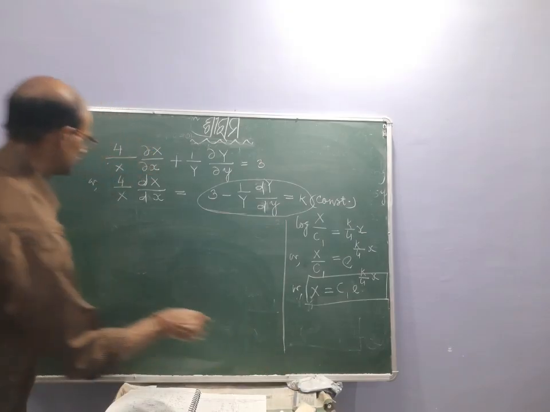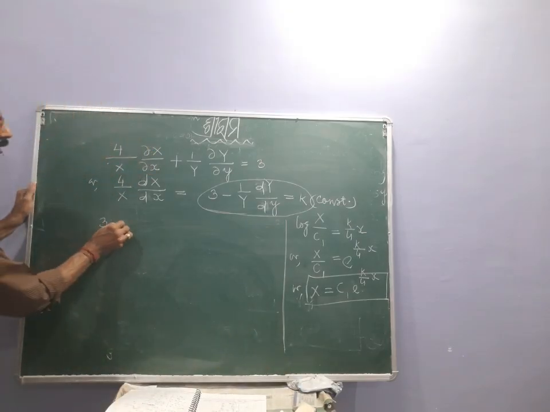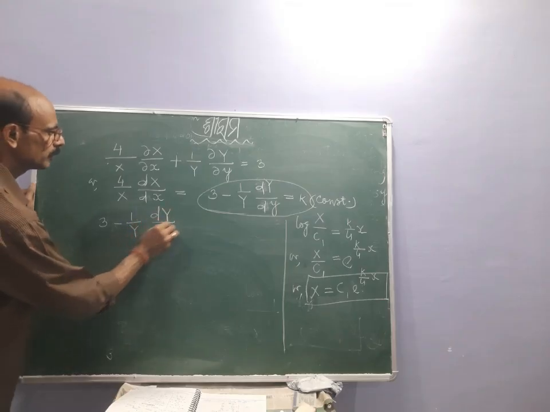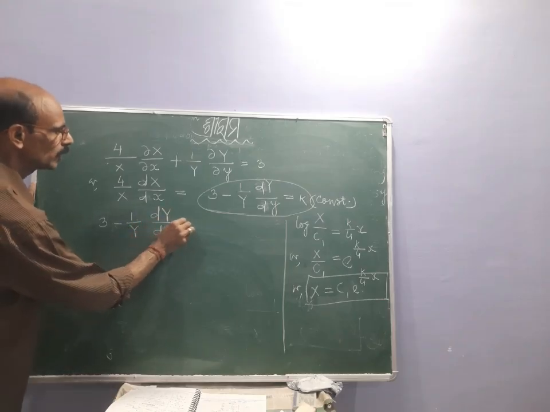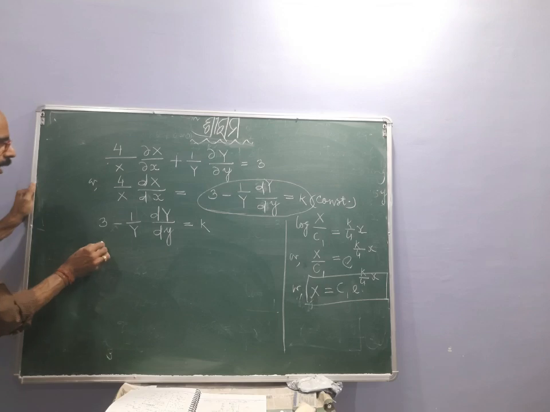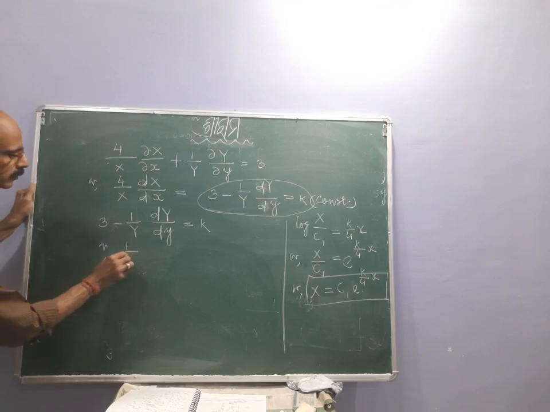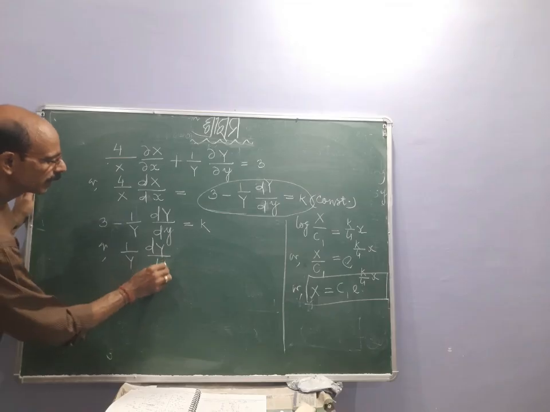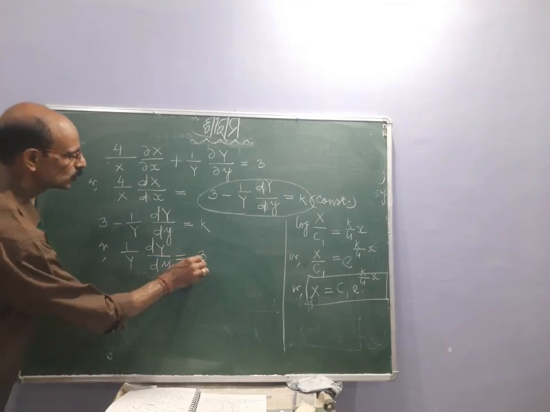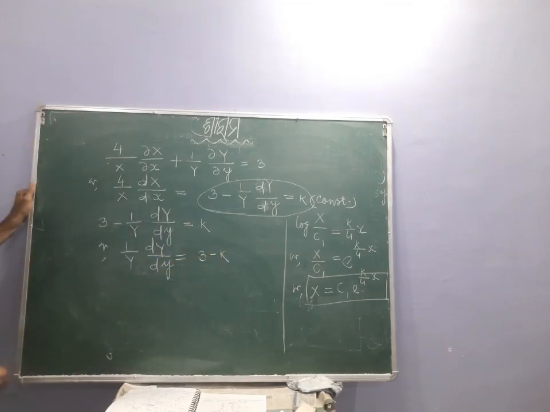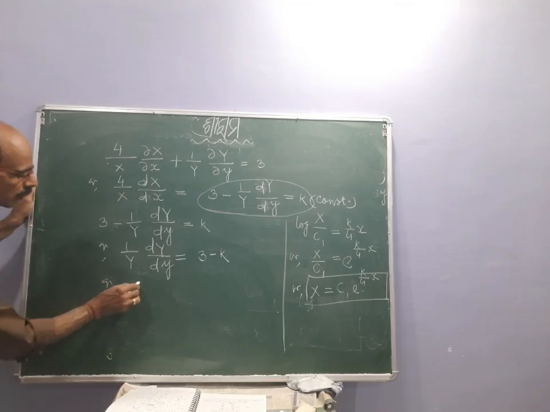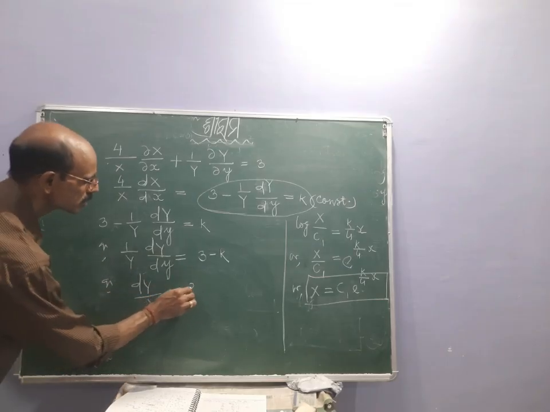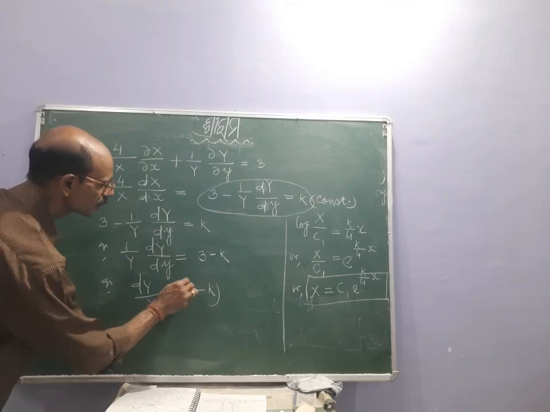In the second part, we have 3 minus 1 by Y dY by dy is equal to k, or I can write 1 by Y dY by dy is equal to 3 minus k, or dY by capital Y is equal to 3 minus k into dy.